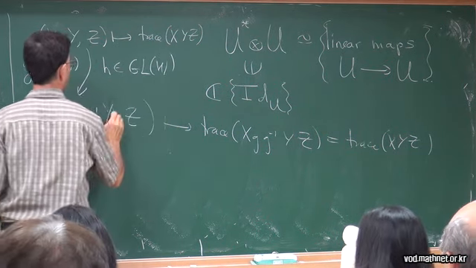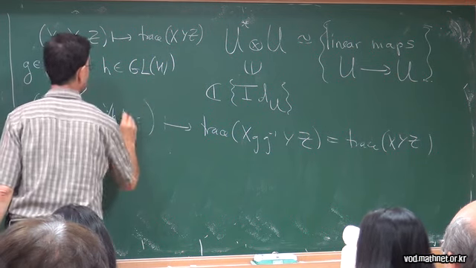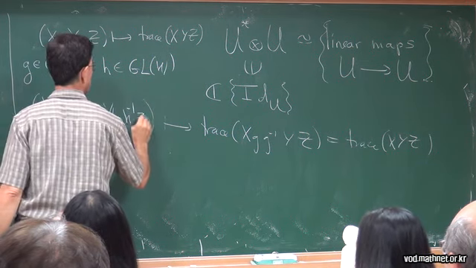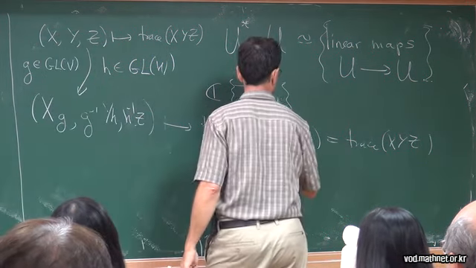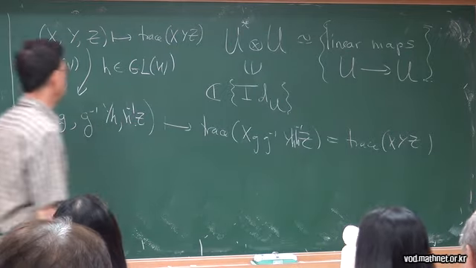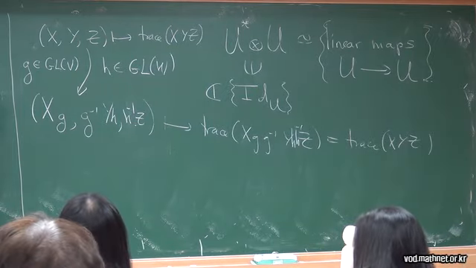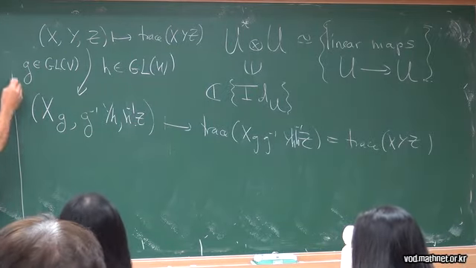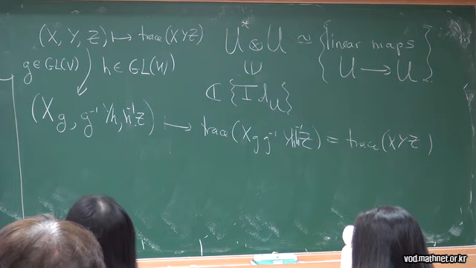And similarly, if I take an H inside GL(W), I can multiply here by H, here by H inverse. Nothing changes. And now it gets, well, we don't have to think too much. What if I take some K inside GL(U)?